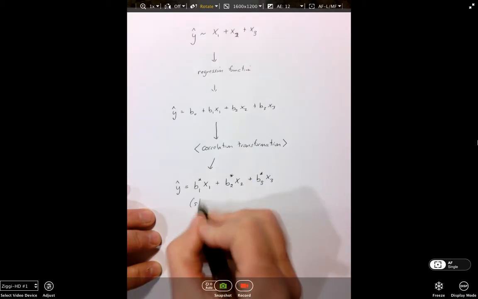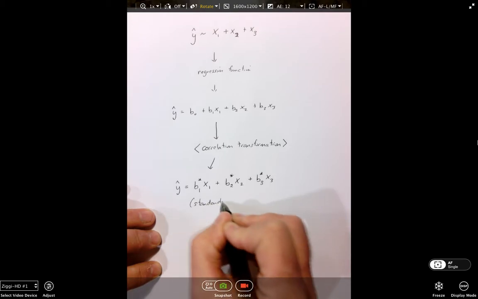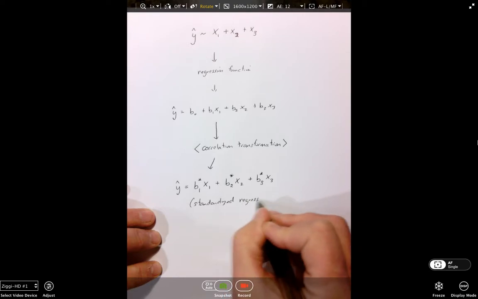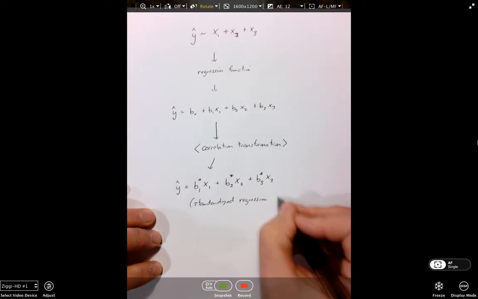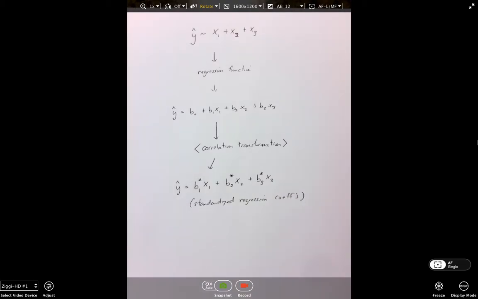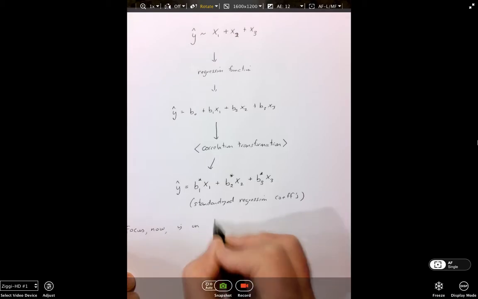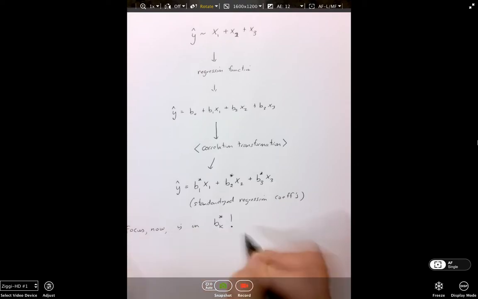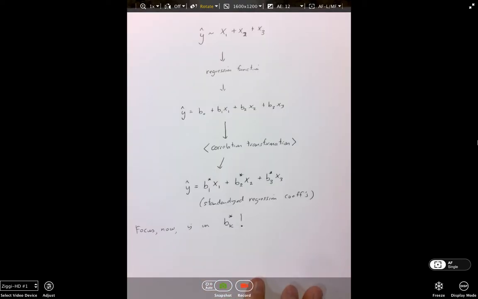With standardized estimated regression coefficients, our focus now is on our B k stars, our standardized regression coefficients.